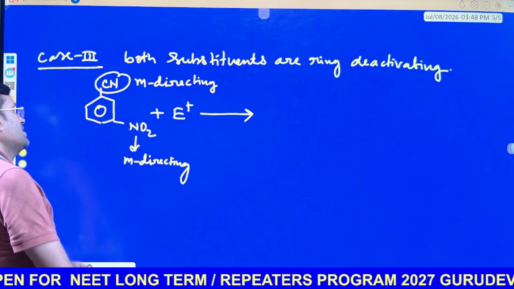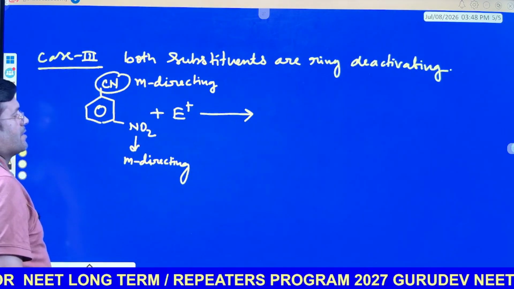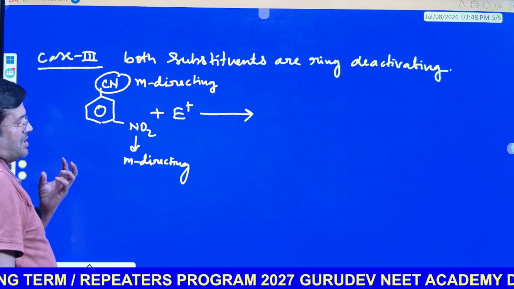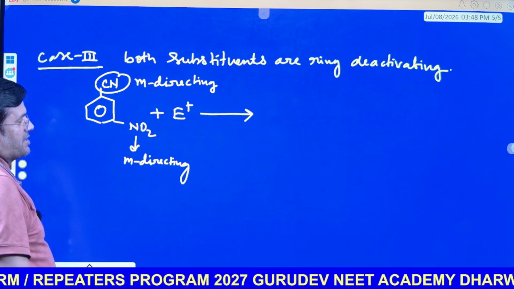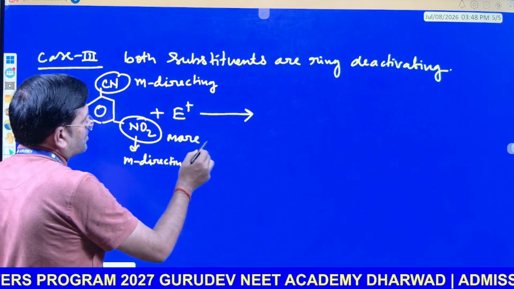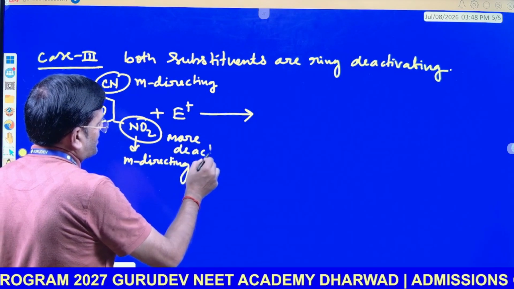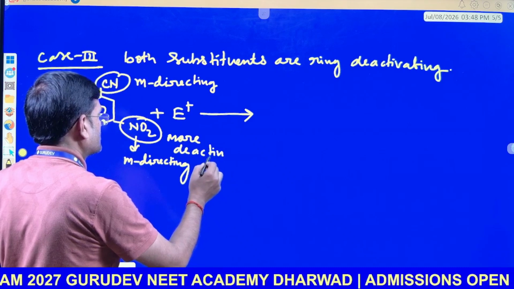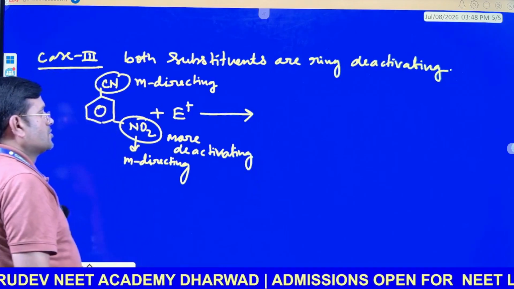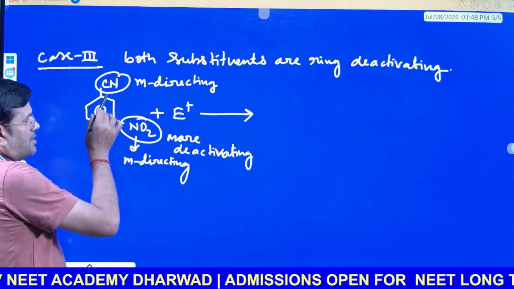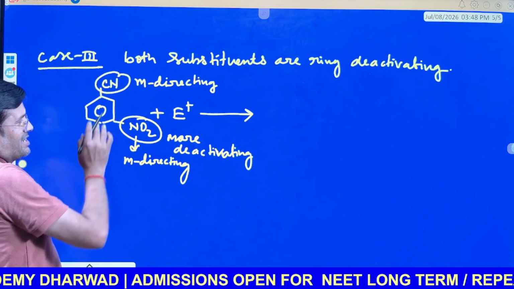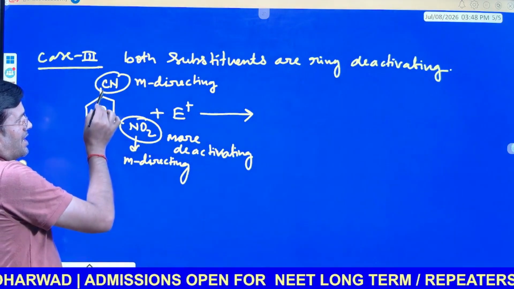So let me see where this incoming electrophile will come. As I said, you have to observe which one is deactivating the ring to the greater extent. So this is NO2, more deactivating, so the product will come as per the less deactivating. So CN is here less deactivating and it is meta directing.